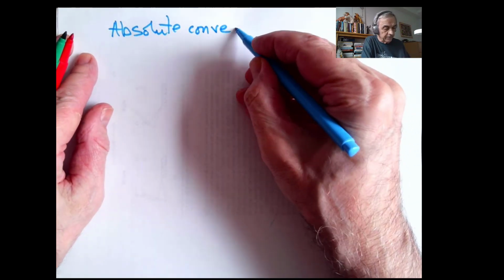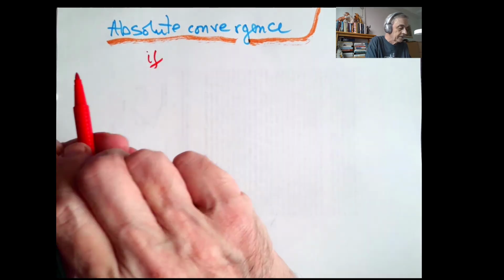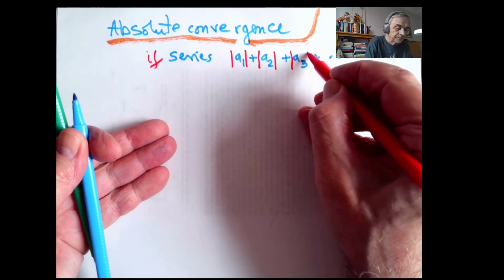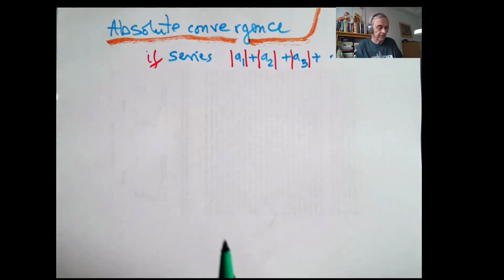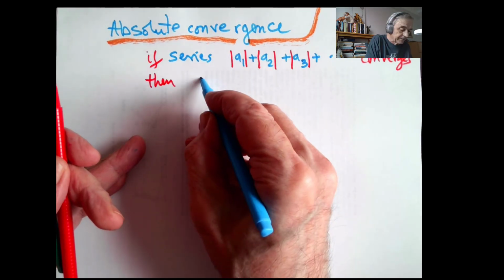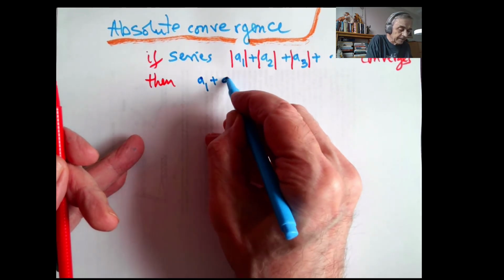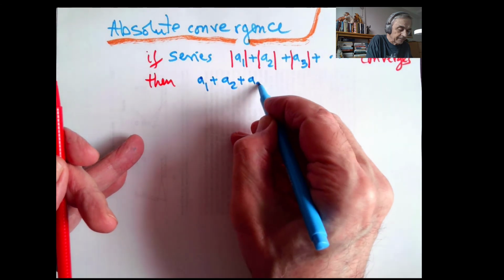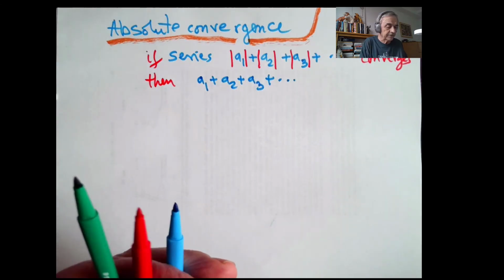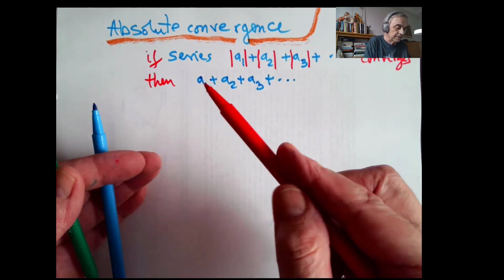Absolute convergence. If the series of absolute values of terms converges, then the series a_1 plus a_2 plus a_3 plus so on is said to be absolutely convergent.